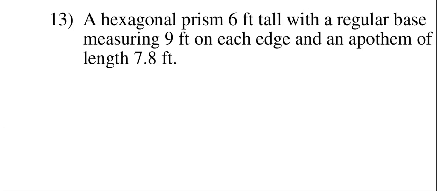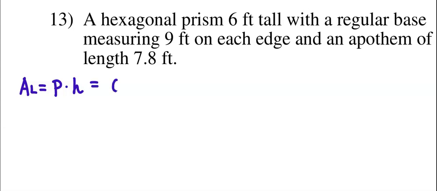Okay, this is your word problem. It does not have a diagram. I hope you can construct one. To save time, I will not construct it. I will just find the information I need and start to write. It asks me to find the lateral area, which is what? Perimeter times the height of the prism.